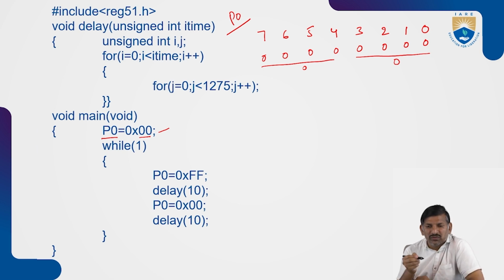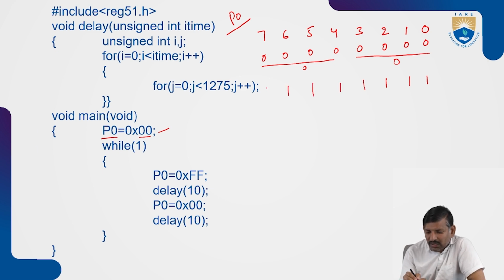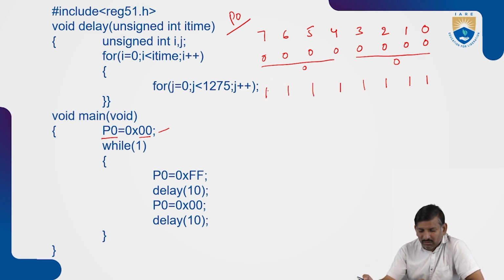Later, I want to switch on all LEDs. Switch on means the LED needs to be given 1. So 1, 1, 1, 1, like this I am giving 1 to all LEDs.